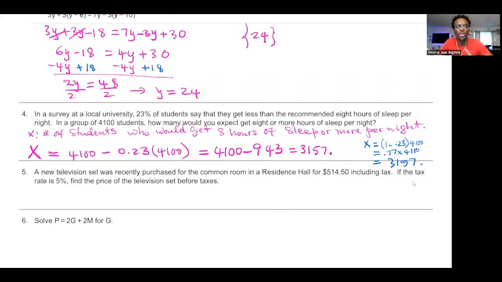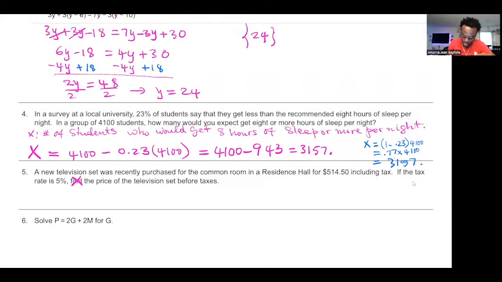That's my variable. I'm just going to remove the "find," and then the rest is the name of the variable. So my variable is the price of the television set before tax.